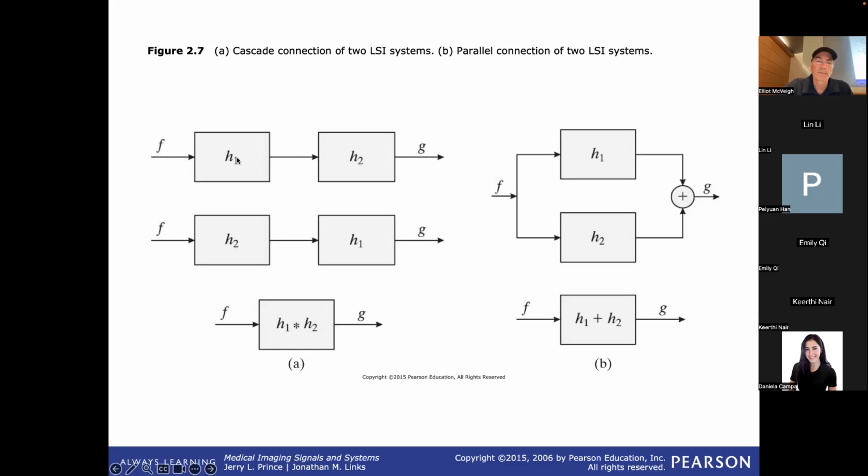If they are shift invariant, a linear shift invariant system, you can do them in the opposite order, do H2 first and then H1, and you will get the same output. In fact, you can convolve this function with this function to get a final function that you convolve with F to get G. So those are all equivalent.